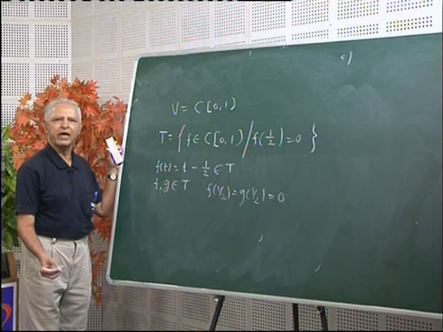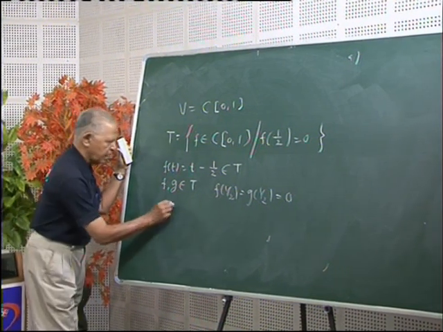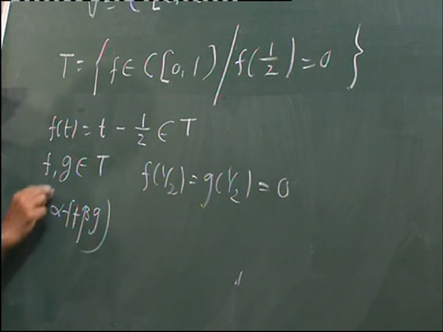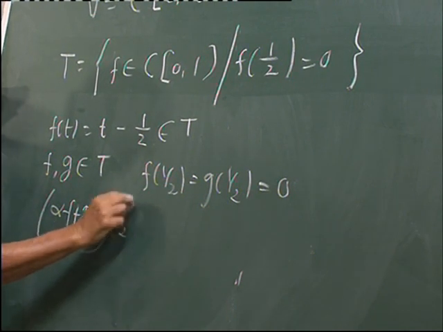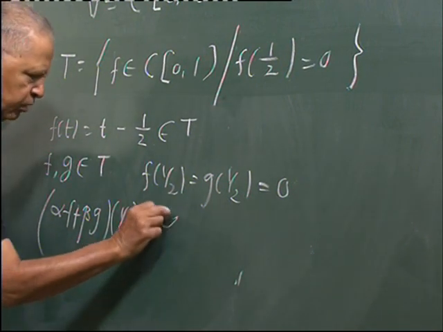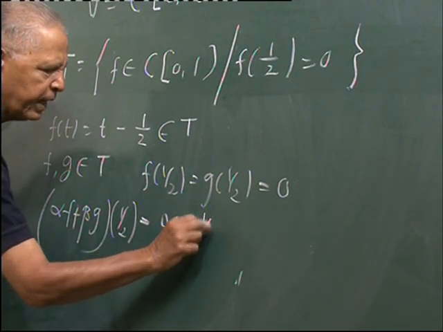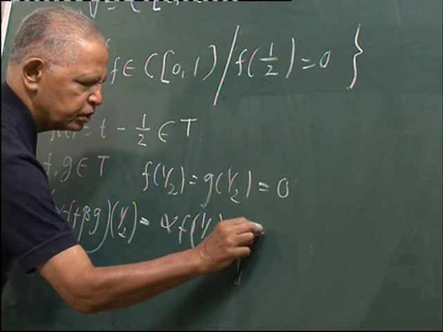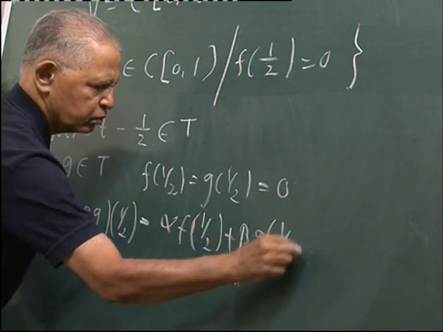Now, for any scalars alpha and beta, alpha f plus beta g at 1/2 is equal to, our definition says, alpha f(1/2) plus beta g(1/2).